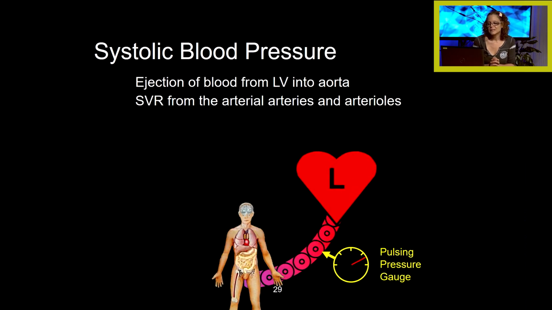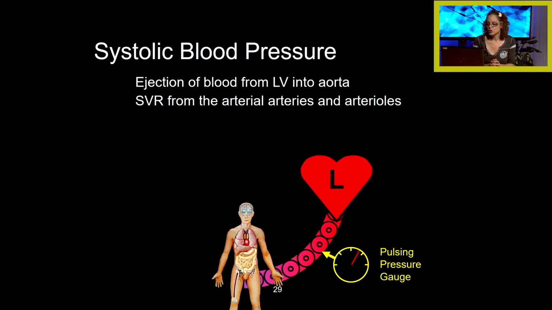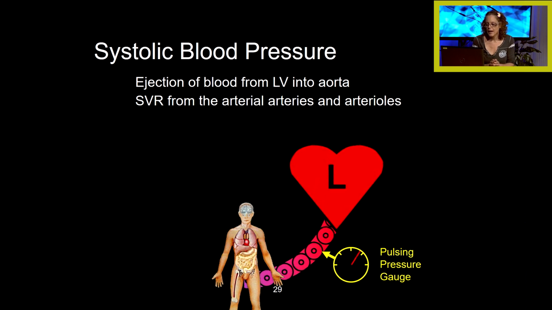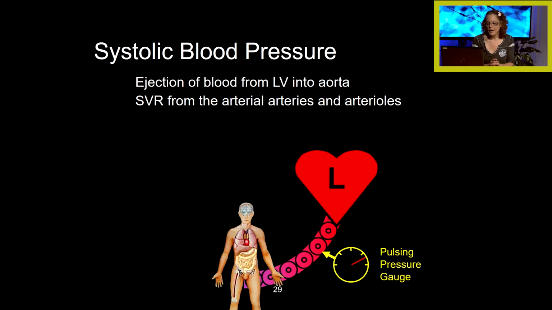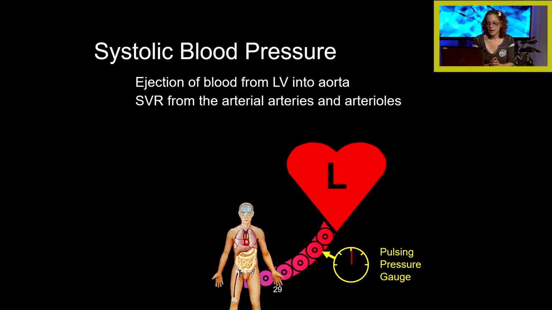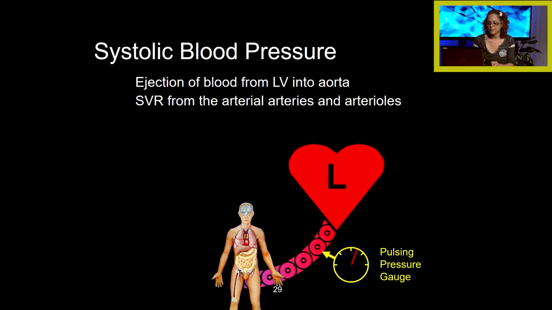And so when we talk about systolic blood pressure, the ejection of blood from the left ventricle into the aorta, systemic vascular resistance from the arteries and arterioles, okay? And so at that level of the capillaries, that's kind of what is contributing to this vascular resistance that is so important for us to maintain homeostasis with the blood perfusion in the body.